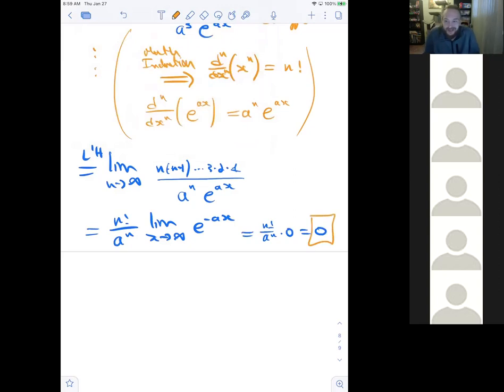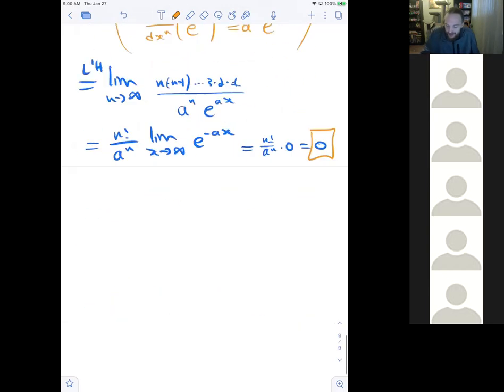So by n applications of L'Hospital's rule and using some induction tricks, which I didn't actually prove but it's not that bad, we can show that e grows faster than all polynomials eventually. Eventually, e will dominate them all.